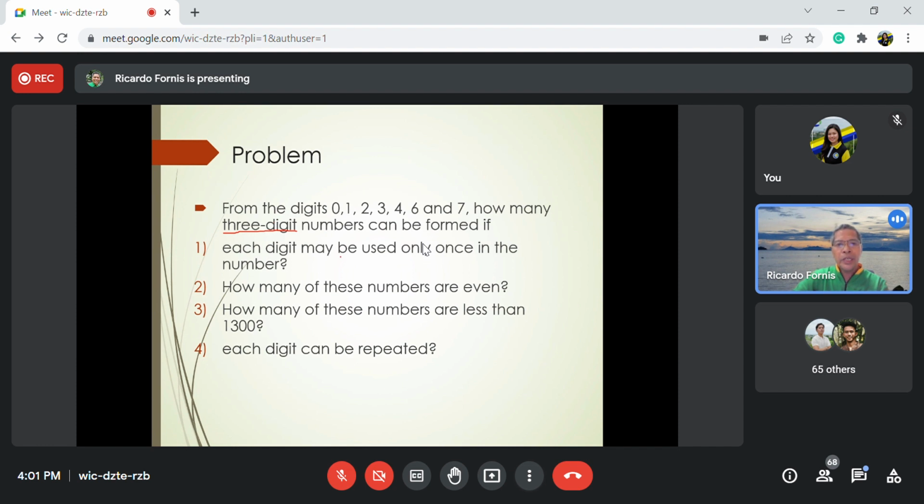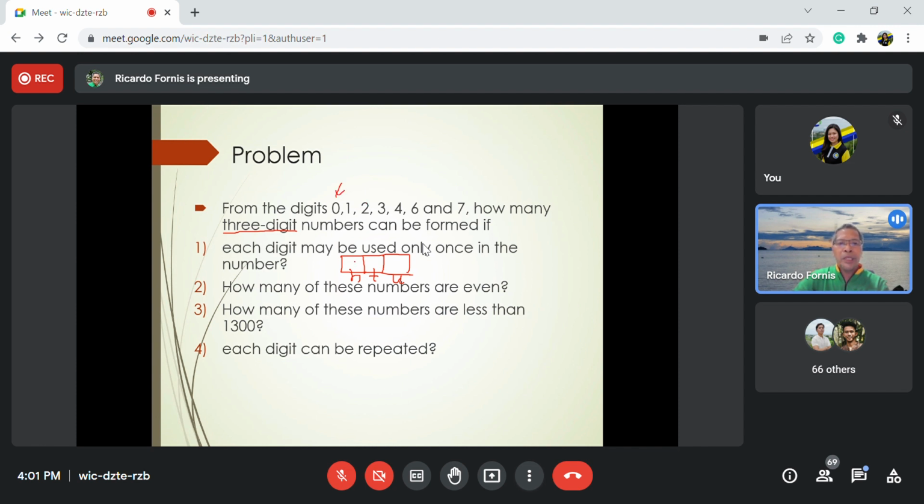Then I suggest that you draw 3 boxes. Now this box is intended for the hundreds digit, this is for the tens digit, and this is for the unit digit. There are some restrictions here because there's a number 0.